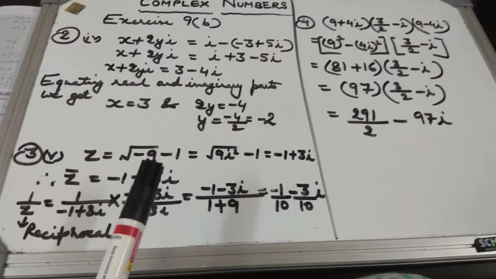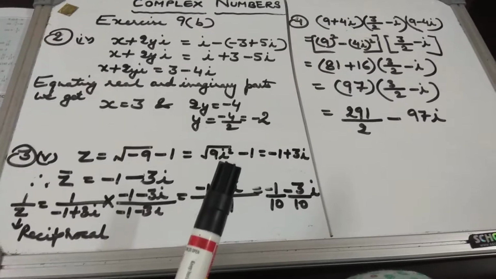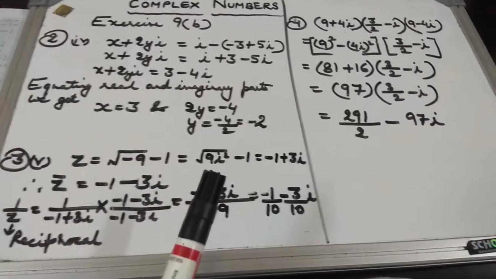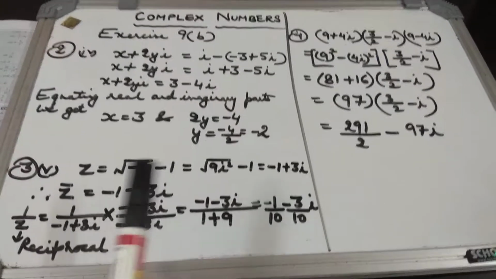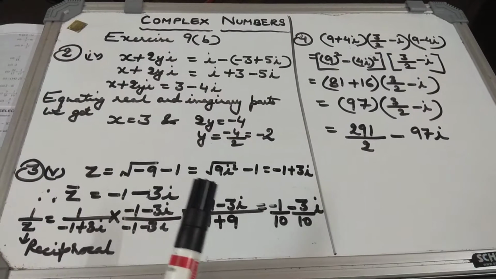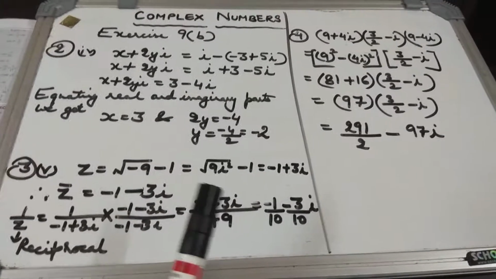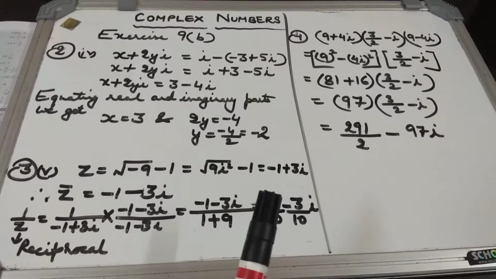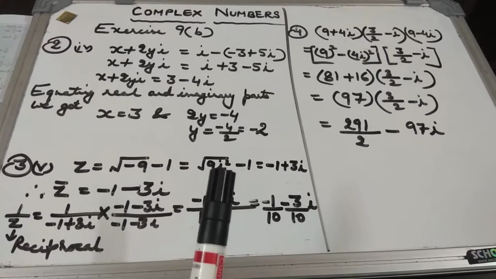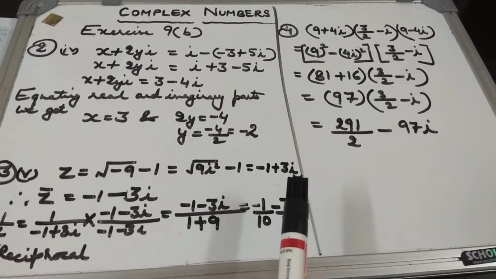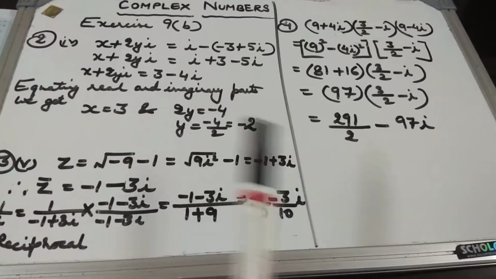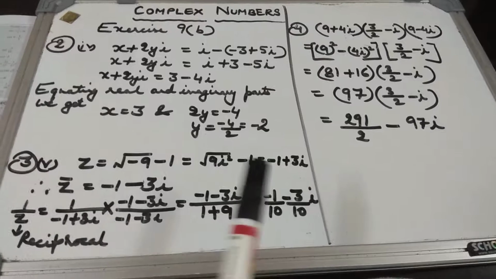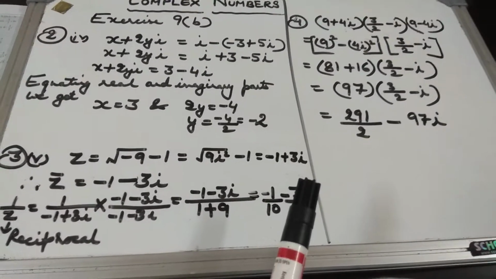Under root minus 9 is to be written as 9i square. Now we know from the knowledge of complex numbers and imaginary numbers that minus 1 can always be replaced with i square. Now minus 1 remains as it is. Now under root 9i square is equal to 3i, plus 3i and minus 1. So finally the complex number given to you is minus 1 plus 3i.